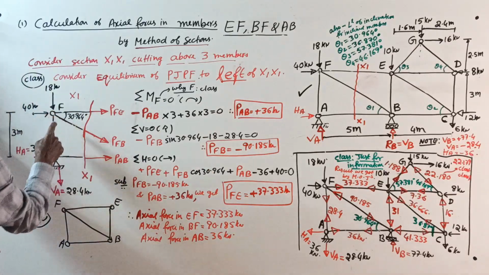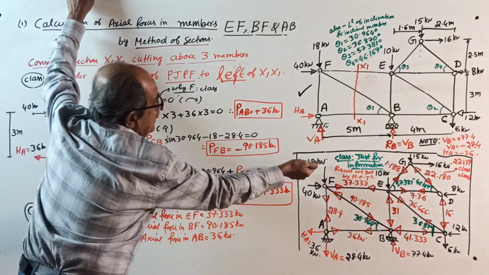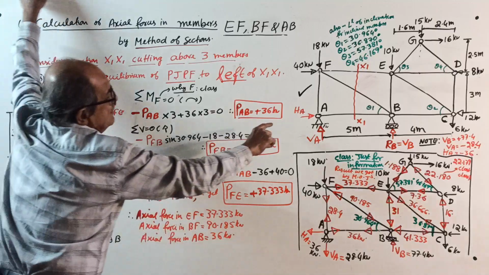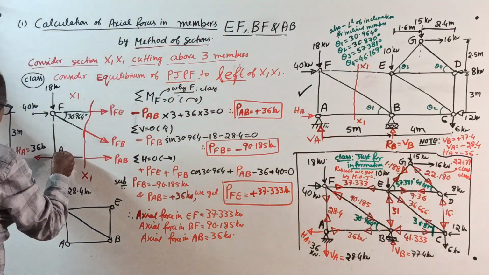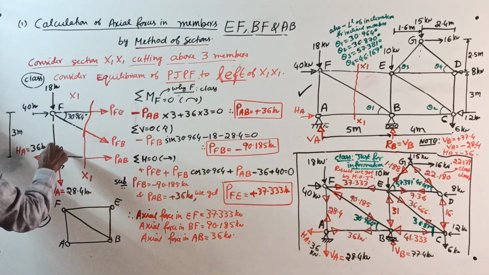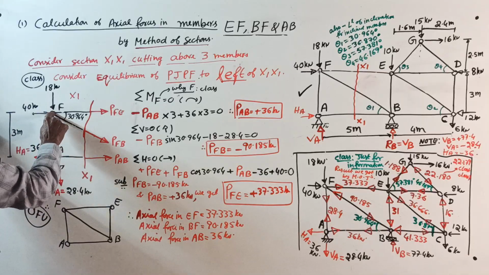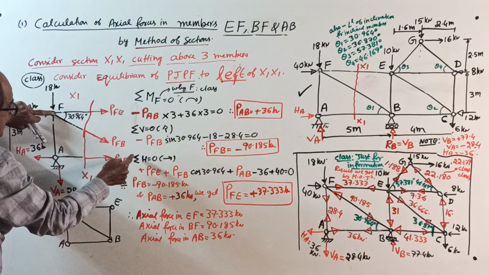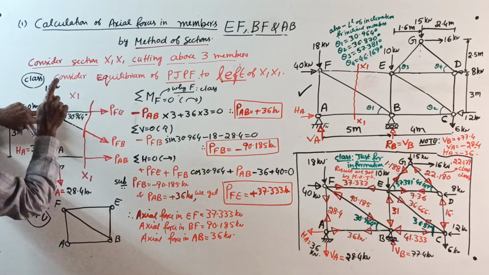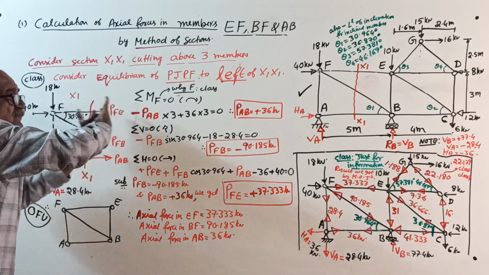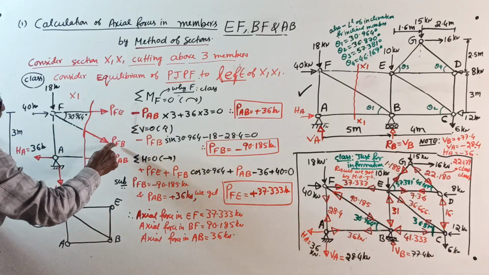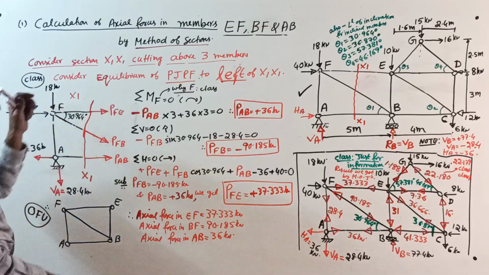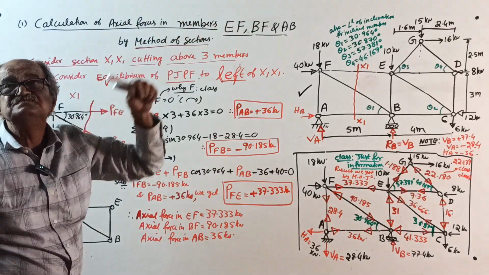F I wrote here, A I wrote here. VA upward came negative, so down 28.4. HA right side came negative, so left 36. This member is AF, we are not cutting it. Here, one member goes this way, one member goes this way, one member goes this way. Name them. These are the forces acting on the left side from the other side.